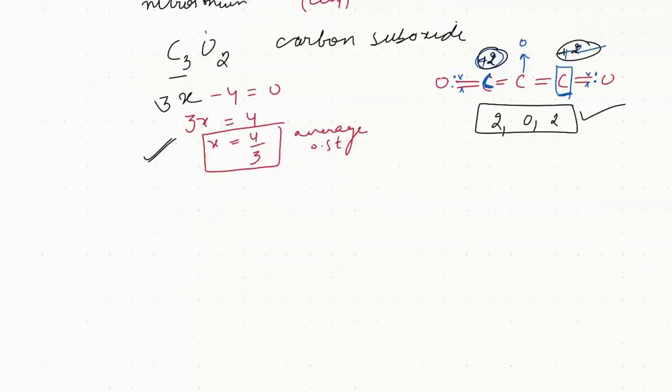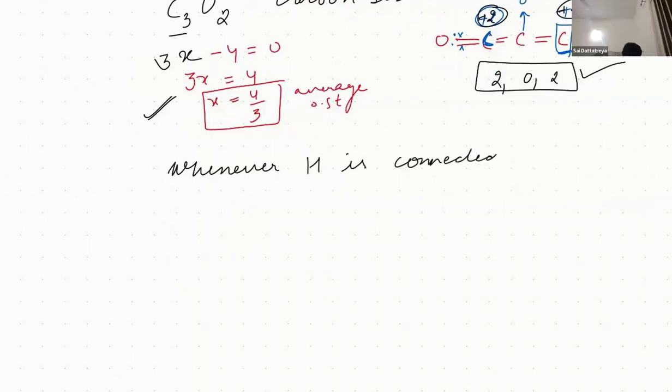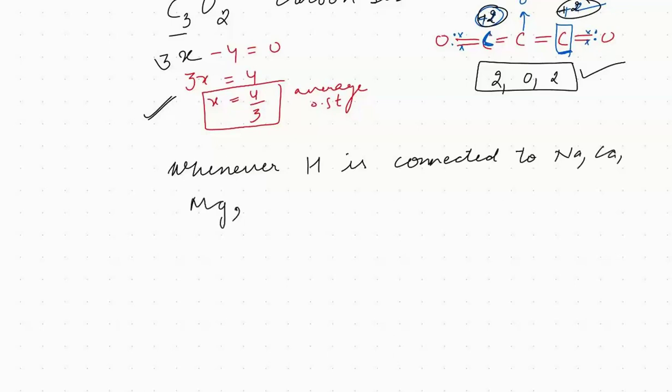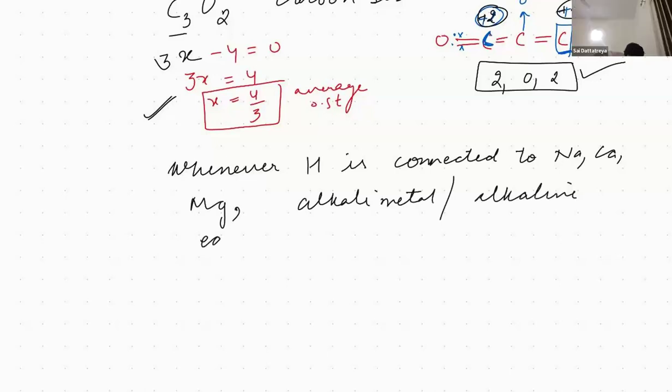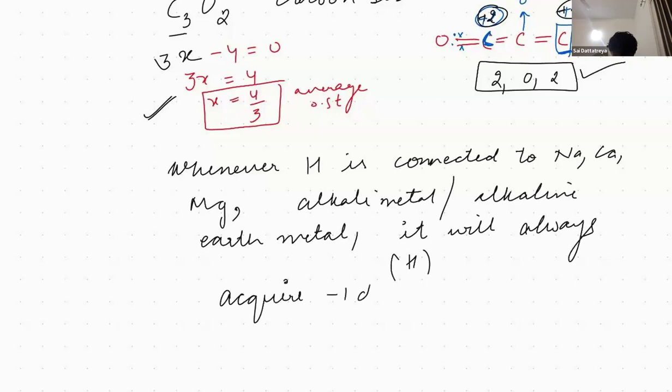But always remember that whenever hydrogen is connected to sodium, calcium, magnesium, or any alkali metal or any alkaline earth metal, H will always acquire a -1 charge.